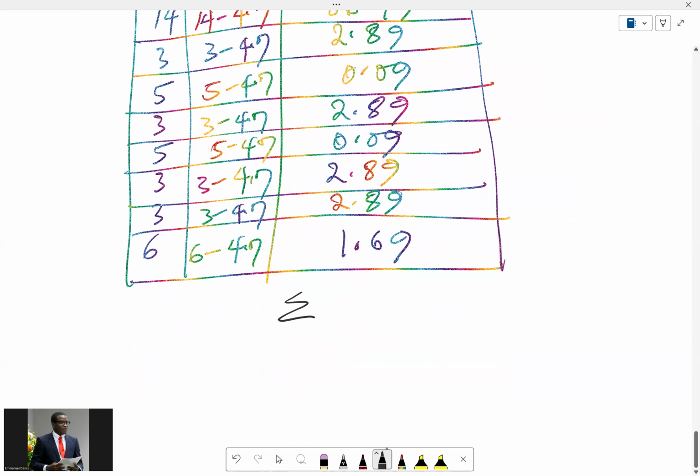So we need the summation of all di minus d bar all squared. Let's do that addition.